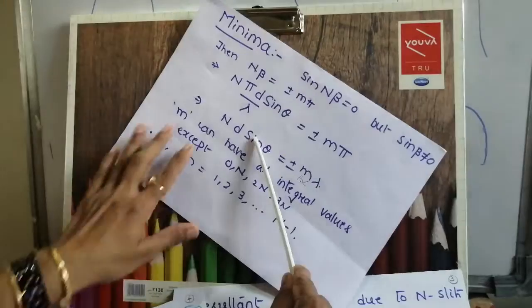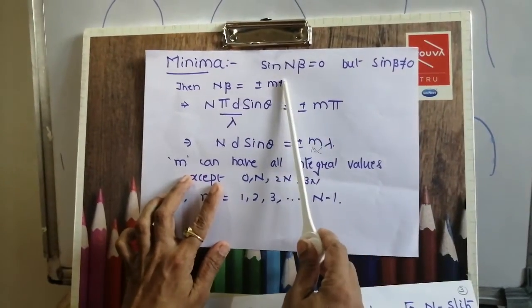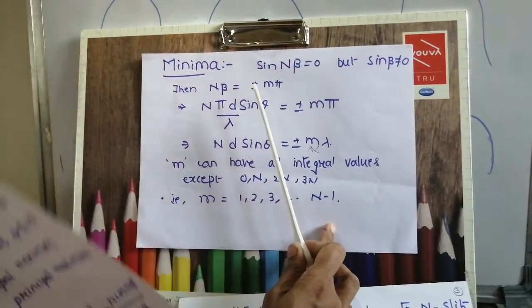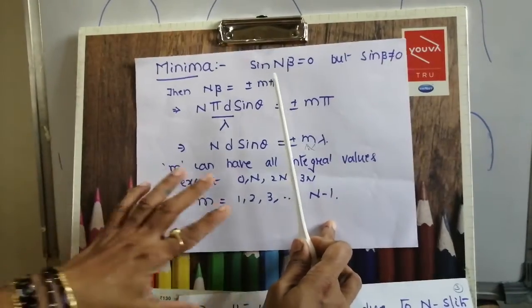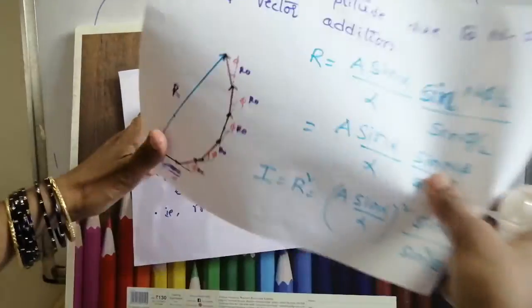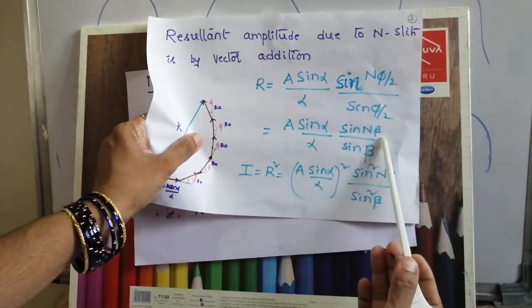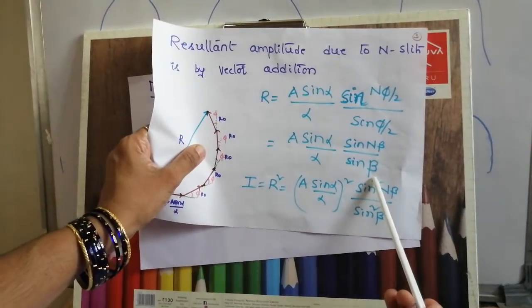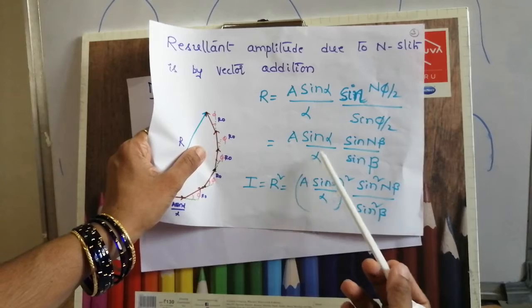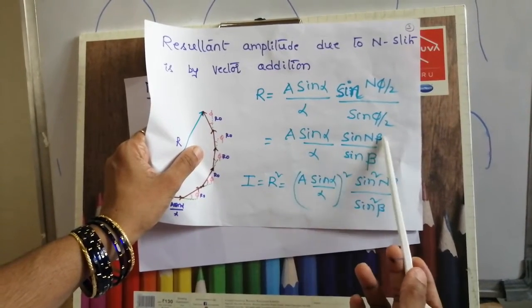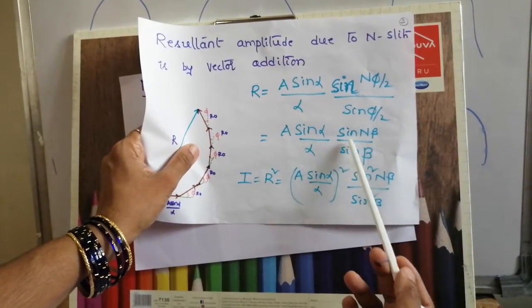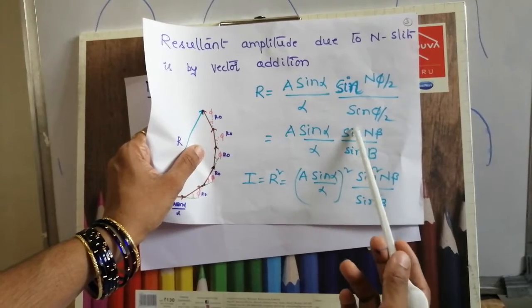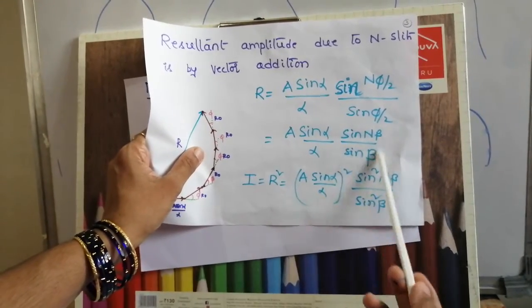And when do minima occur? Minima occur when the numerator is zero, that means sin n beta equal to 0. But in this case, sin beta should not be equal to 0, because when it is 0 by 0, using L'Hospital's rule we get principal maxima.